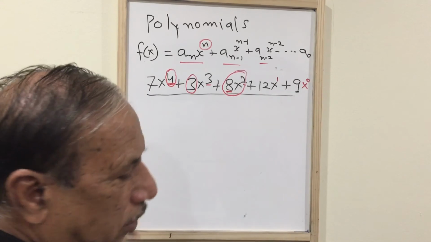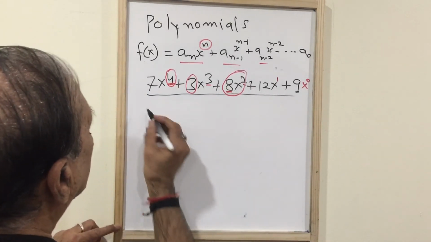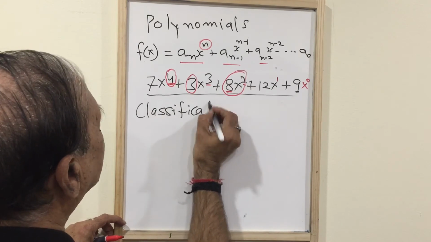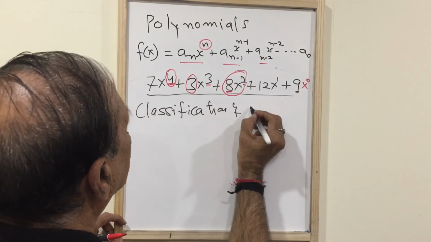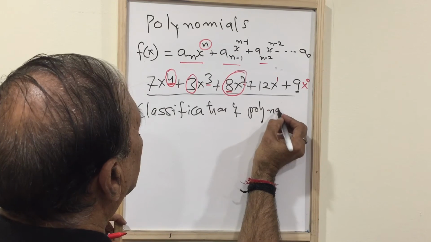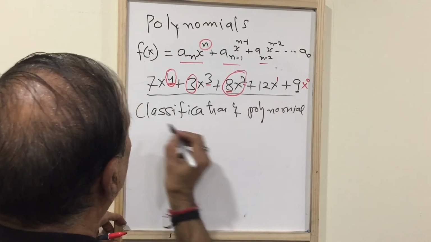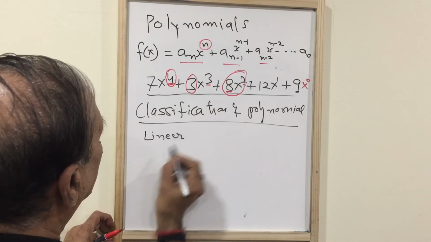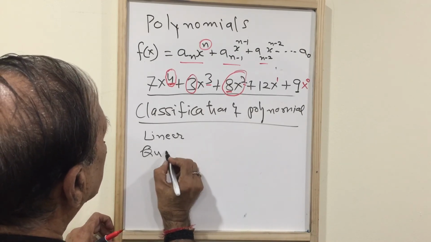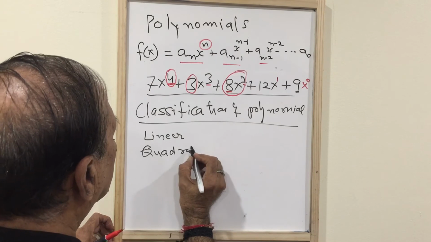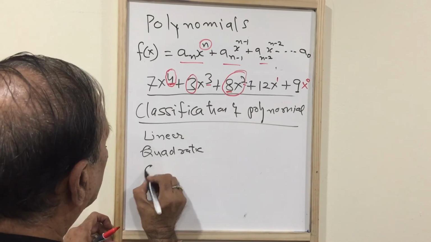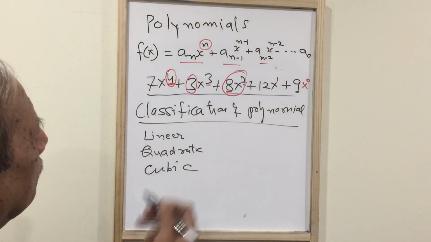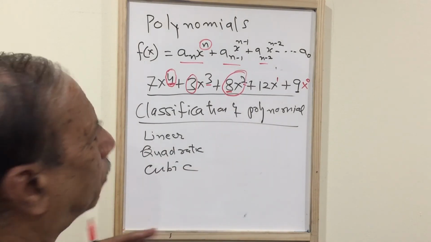In the last, we will discuss one more thing, the classification of polynomial. One is linear, second is quadratic, third is cubic, and so on, all are polynomials with different powers.